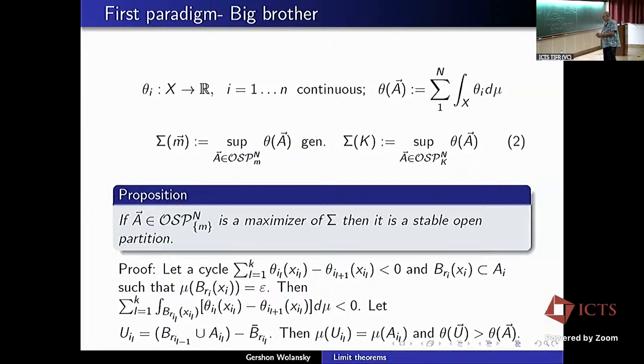And this new partition satisfies the condition of an M open partition, because the measure mu of the new set is the same as the measure mu of AIL, and because of this inequality, we see that the sum of the reward for the new partition is bigger than theta of A, which violates the assumption that A is a maximizer. Okay.